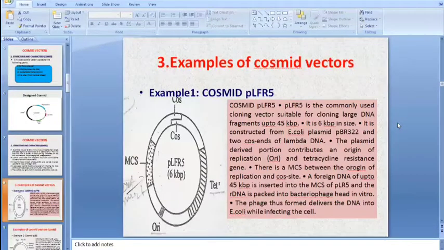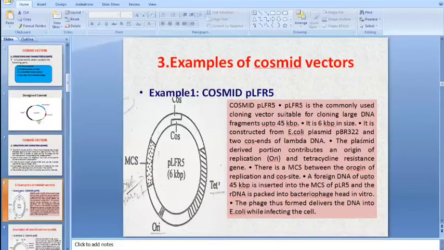But of course, it is 6 kb in size. It is constructed from E. coli plasmid pBR322, P means plasmid, and two cos ends of lambda DNA. So both plasmid and cos sites of the lambda phage.